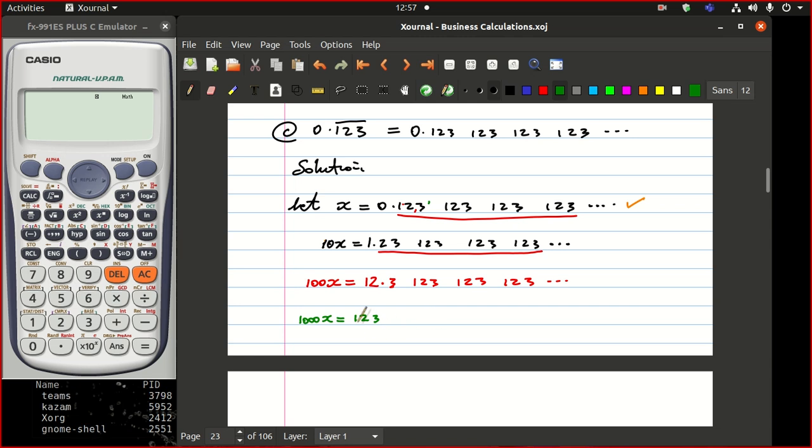So we'll end up having 123, then a dot there because it moved, and then after that 123 123 123, and we continue in that particular fashion.